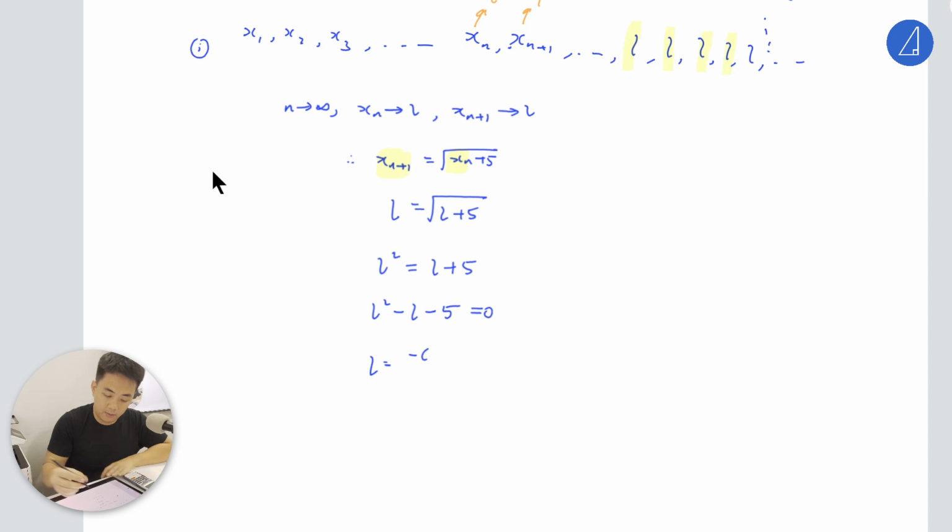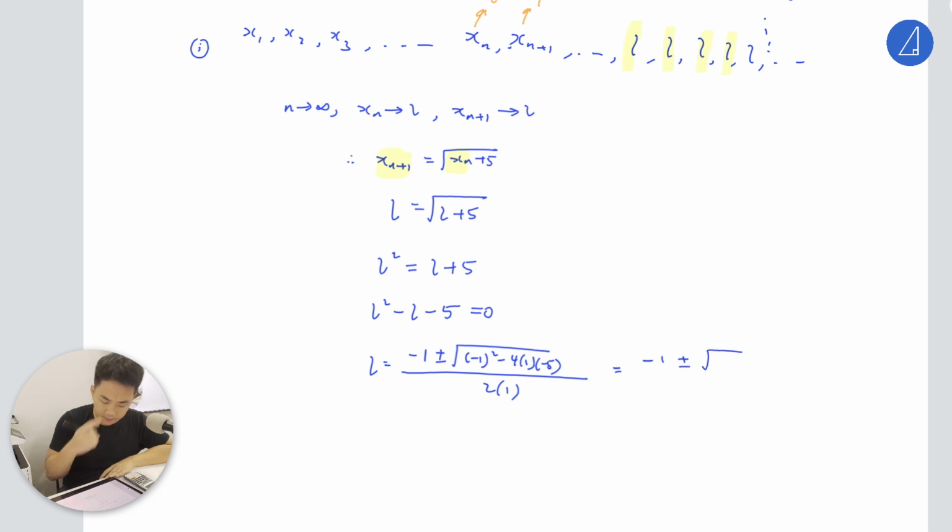You solve for L. This will be minus b plus minus root of (b squared minus 4ac) over 2a. Minus 1 plus minus root of 1 plus 20, which is 21. Oh, it's not the golden ratio.